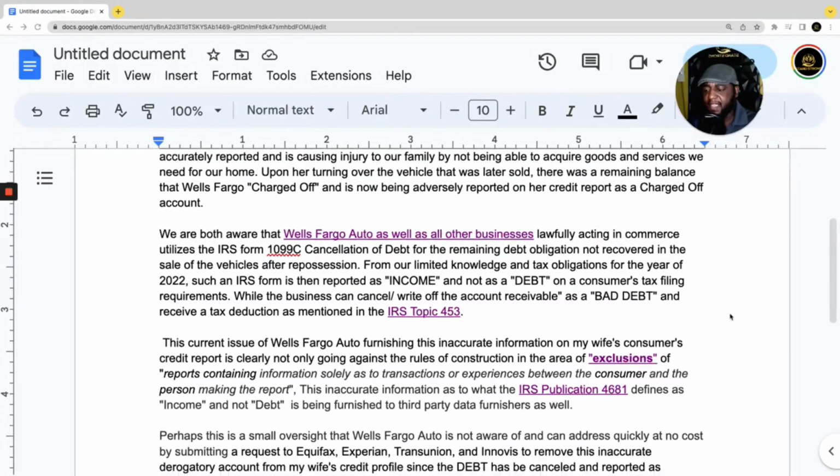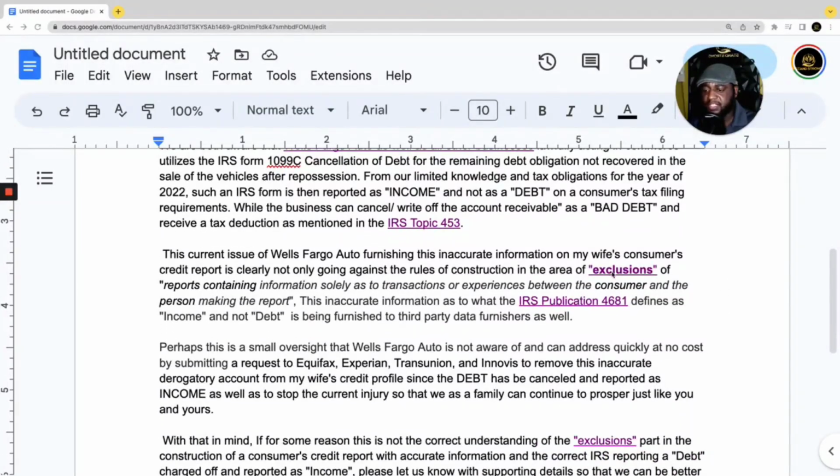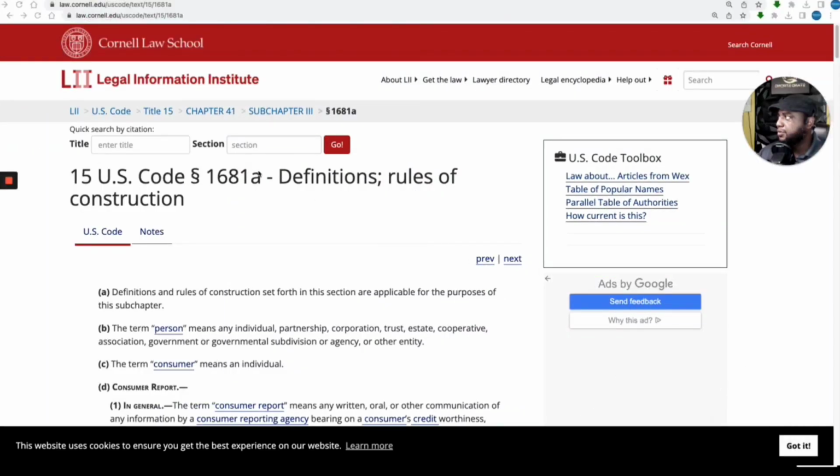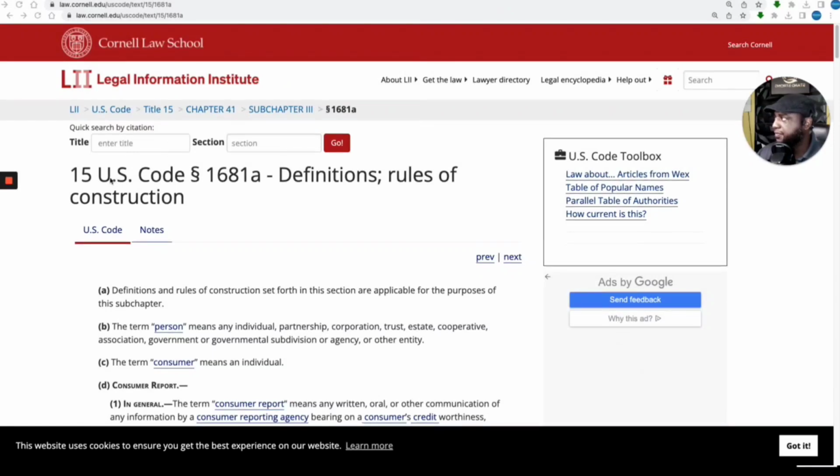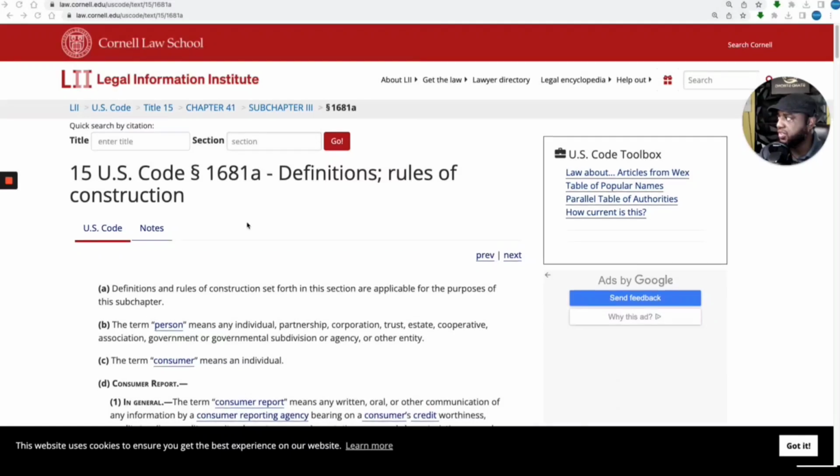Okay, now we're going to go down here to exclusions. That brings us here to Cornell Law, 15 U.S. Code 1681a, definitions and rules of construction.